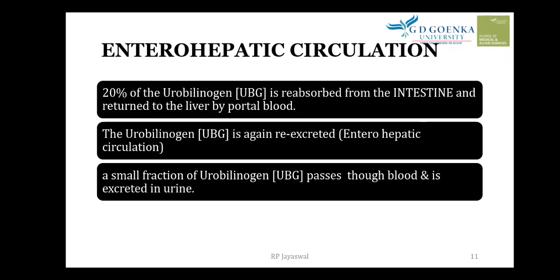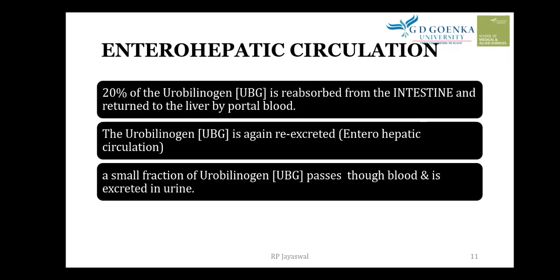A small fraction of urobilinogen may pass through the blood and is excreted in urine. So what we have understood is that 20% of the urobilinogen is reabsorbed and enters the liver, and through the liver it is re-excreted through the same channel: it mixes into the bile and reaches the intestine.